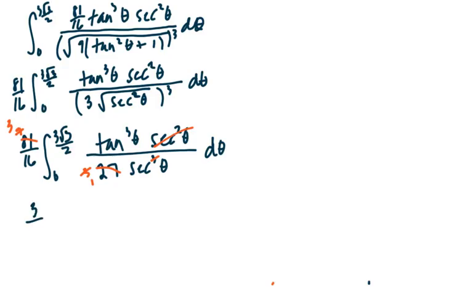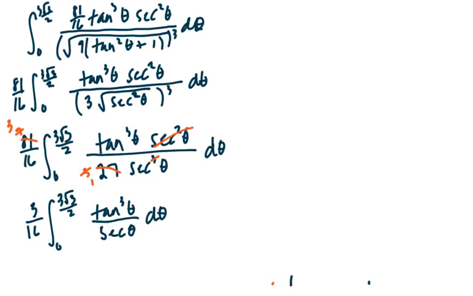So we're going to say 3 over the square root of 3 over 16, 0, 3 square root of 3 over 2. And here I have tangent to the third over secant. Now, if I let u be secant theta, because it's in the denominator, du is tangent secant.